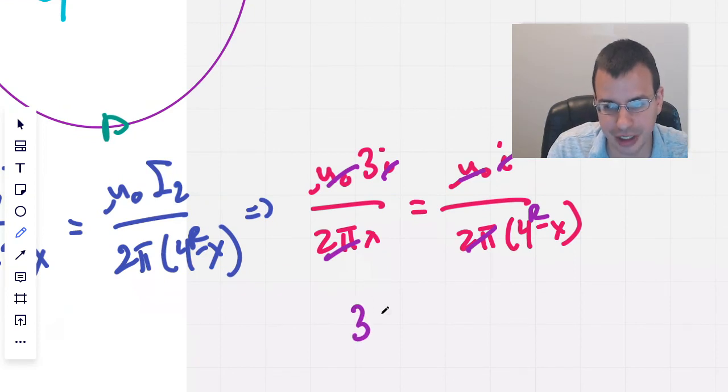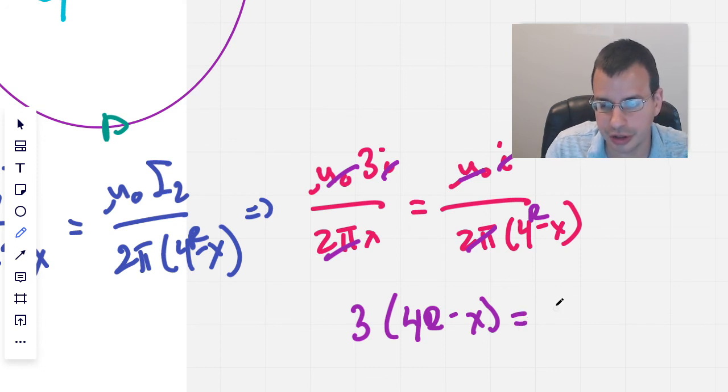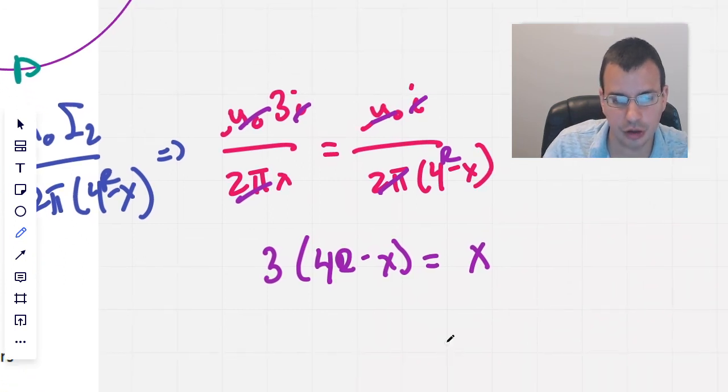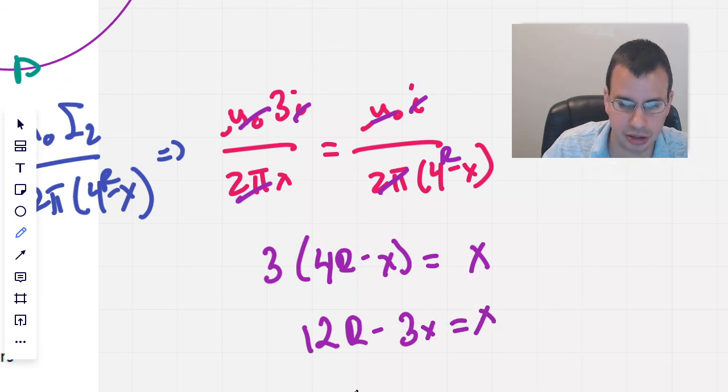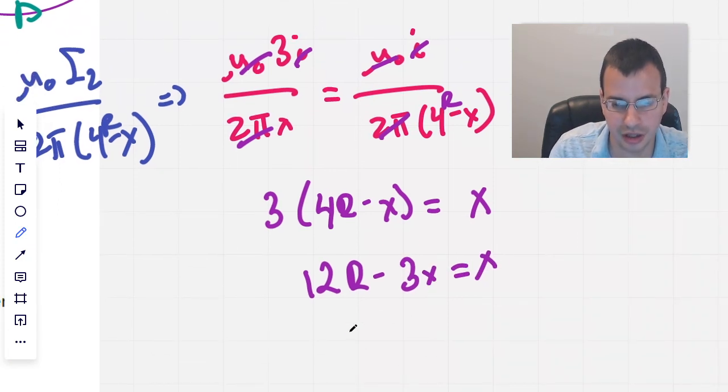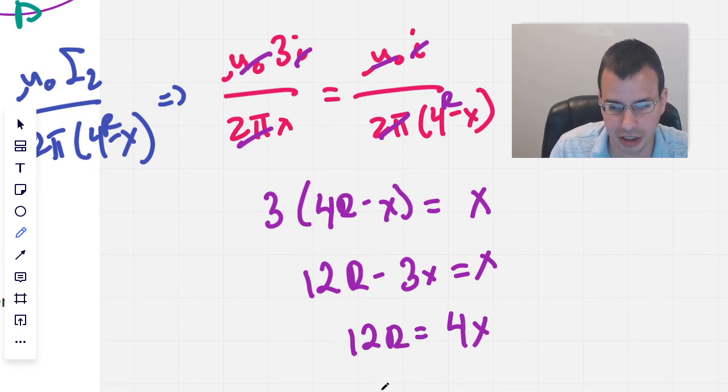So then we have 3 times 4r minus x equals, and we're only left with x on this side, so x. So we have 12r minus 3x equals x. Moving the 3x over to the other side, we have 12r equals 4x. So we have 3r equals x.